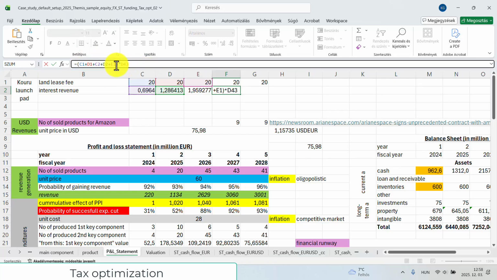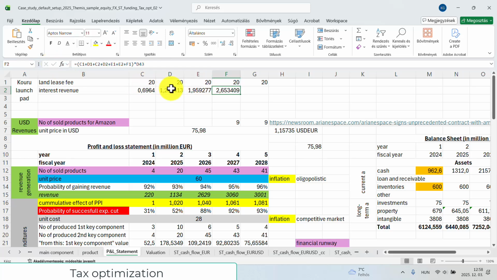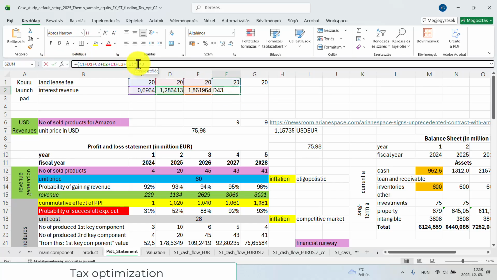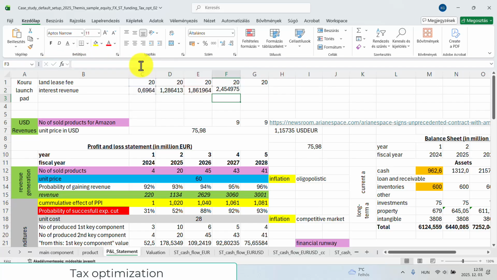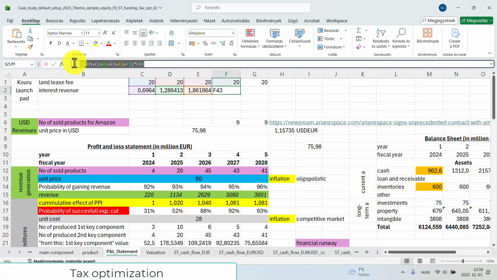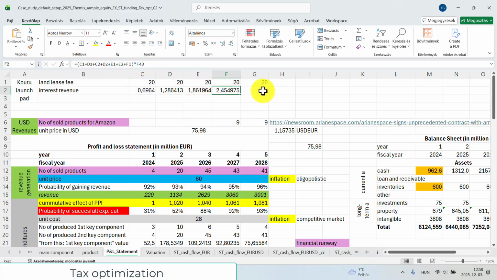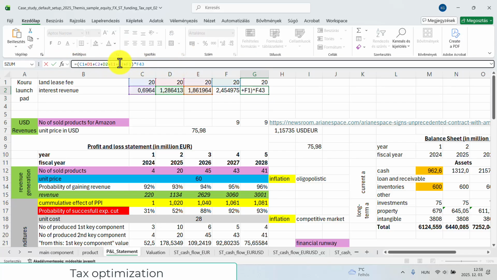Then we extend further. Oh, you are not B, you are A, because moving sideways, and you are F. This, and then we are in the G column.